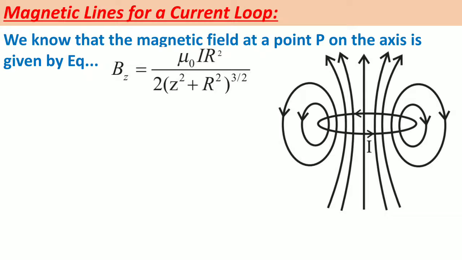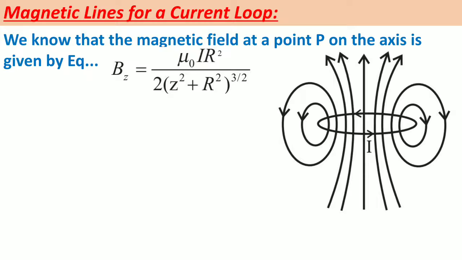Now magnetic lines, as you can see, one is clockwise, another is anti-clockwise, some are straight. We can easily understand it with the help of the right hand thumb rule that I will explain later on.